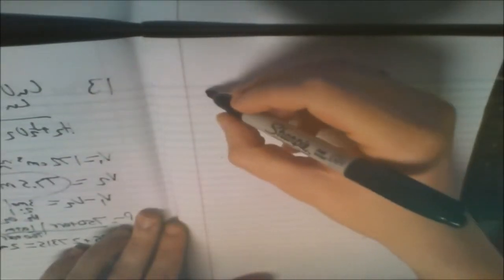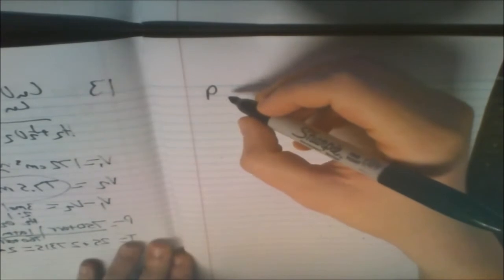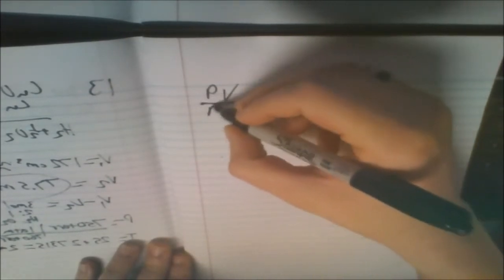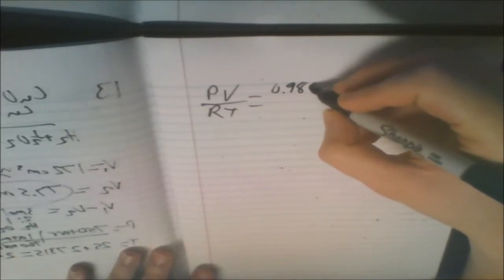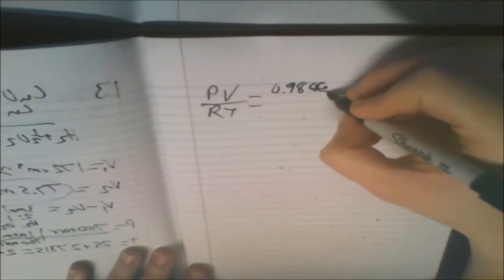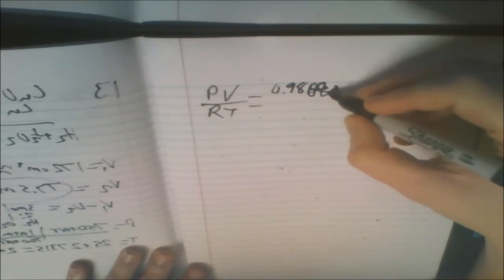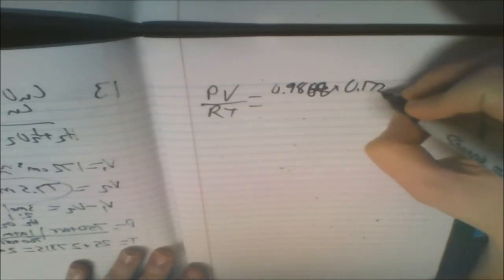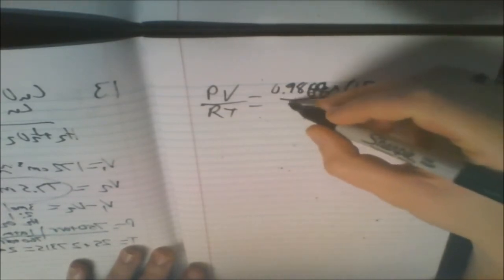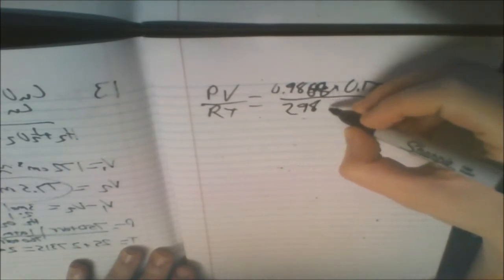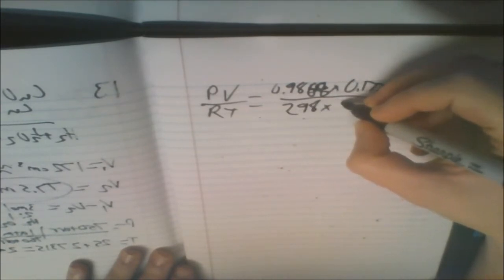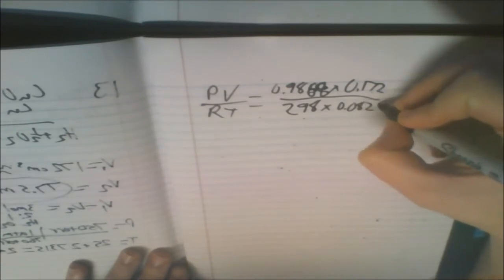So PV over RT is going to be our n. So we say pressure is 0.9868 times 0.172 divided by 298 divided by our R, which is 0.08206.